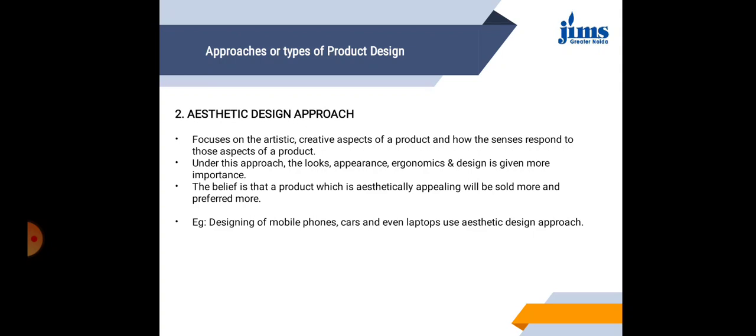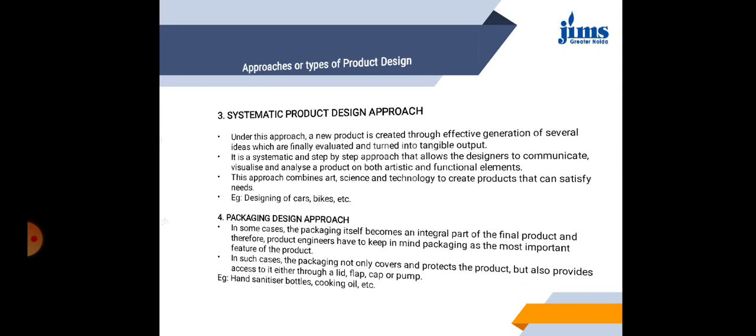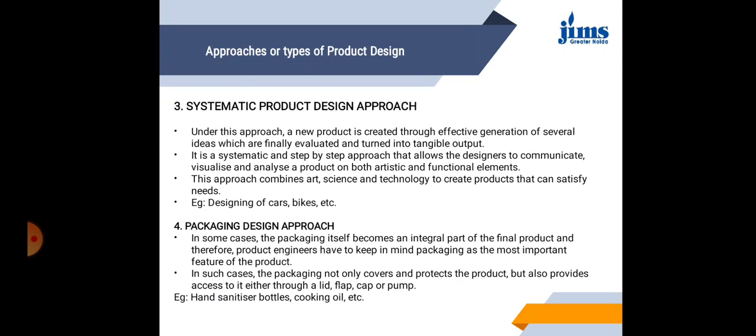When companies design mobile phones, laptops, even cars and automobiles, they usually use the aesthetic design approach in creation and development of such products. We have the third approach called the systematic product design approach, which is a step-by-step approach that allows the designers or the engineers to communicate, visualize and analyze a product on the basis of a well blended artistic and functional set of elements.